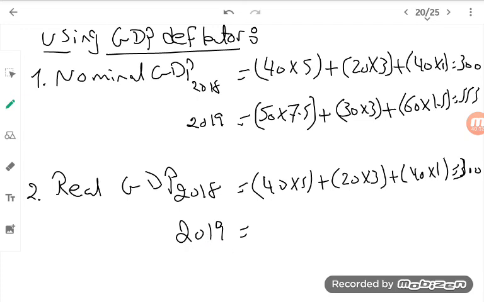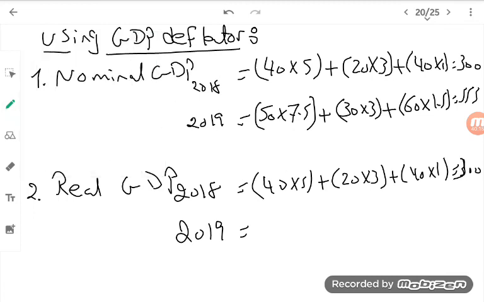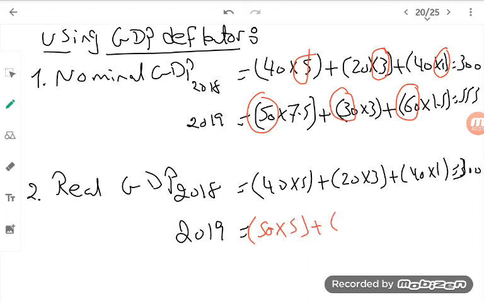For 2019, we are going to keep prices constant with the new quantities. Okay, so it's going to be 50 multiplied by 5 plus 30 multiplied by 3 plus 60 multiplied by 1. It's 400.